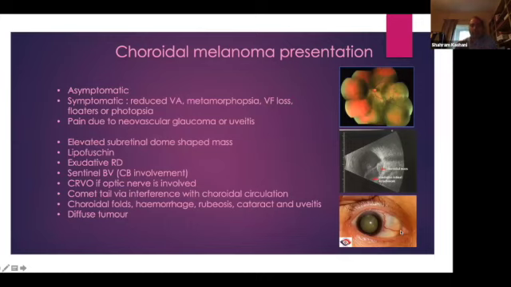And that normally is a very prominent vessel, which means that your ciliary body has been involved. If the melanoma involves the optic nerve, you can get central retinal vein occlusion, and that's from just a strangulation of the optic nerve. And other things, as I mentioned, rubeosis, uveitis, or a diffuse tumor can be other presentations.